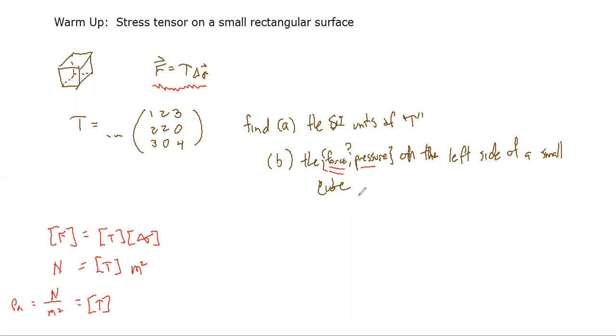So let's just say like a 1 centimeter squared face. Okay, just to throw a little bit of powers of 10 curveball at you guys. Okay, so this is in SI units. We now know that this is in newtons per meter squared. So the stress tensor's units are pascals, essentially.